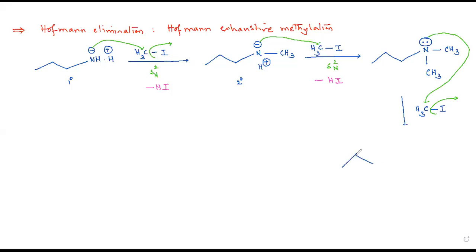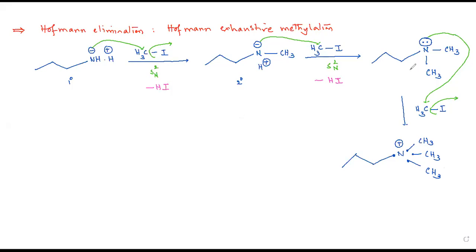Look at this. See, N, first methyl, second methyl, then third methyl. Because nitrogen has got just four electrons around it, it gets a positive charge because it has one electron less than what it has to have.